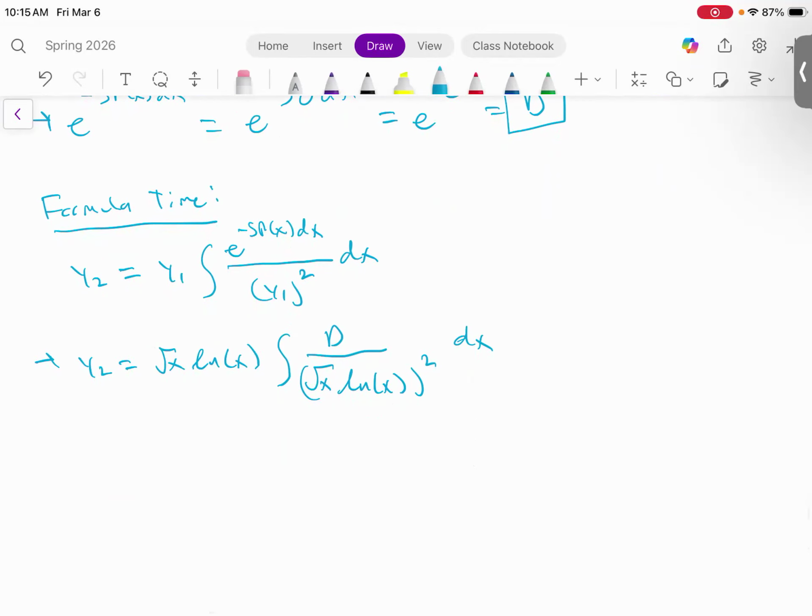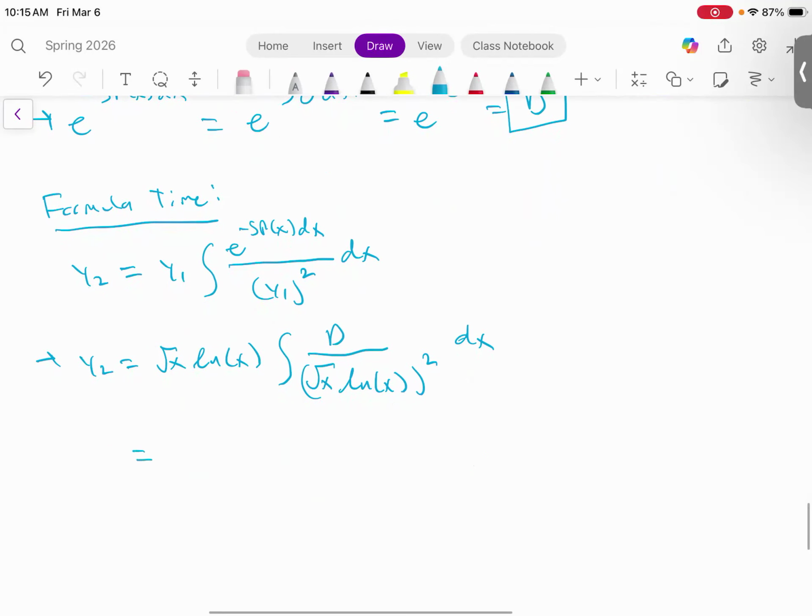Okay, so let's see how this turns out. I need to square that square root of x times natural log of x. So that turns into: square root of x squared is going to be just x, and natural log of x squared is still natural log of x squared.